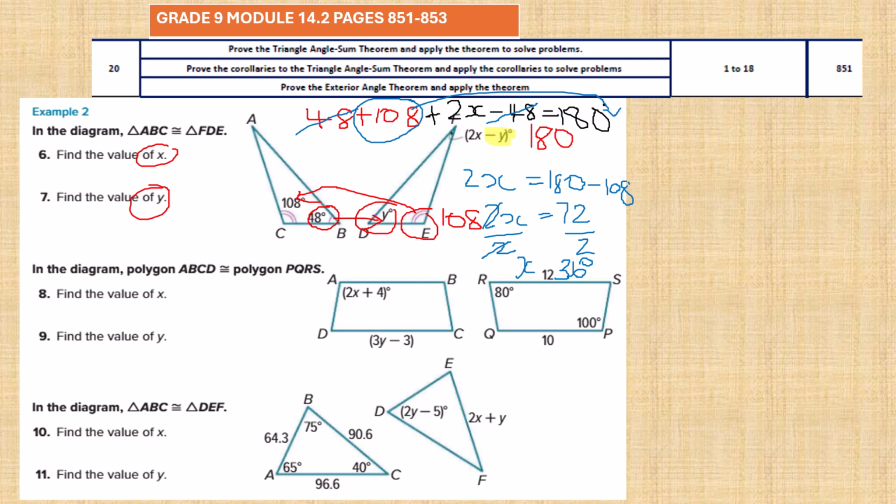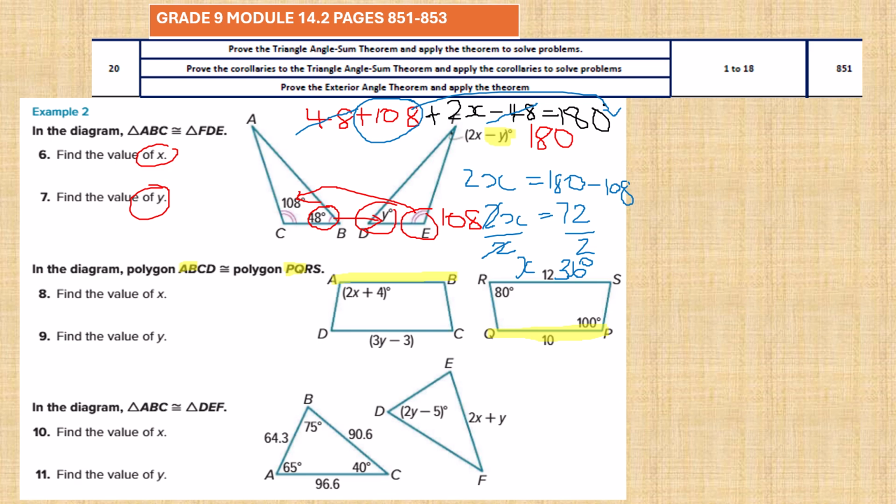So all you have to know is when you start with AB, highlight AB. Go to the second polygon and see what it is matching with. It's matching with PQ. So we know these two are equal to each other.